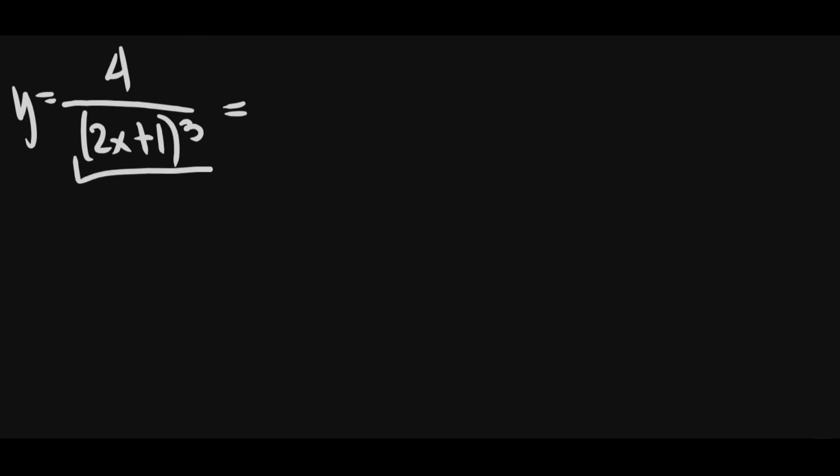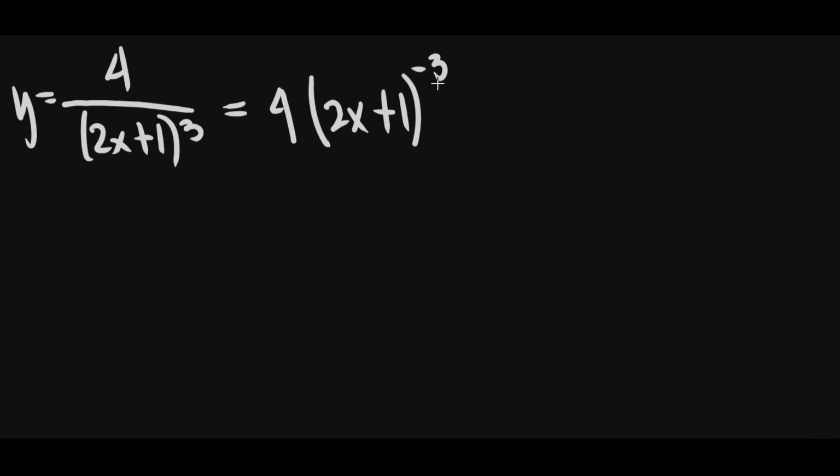The denominator, we just move it to the numerator. But how can we do that? So here, 4 times (2x plus 1), then the exponent of the denominator would be negative, so negative 3.